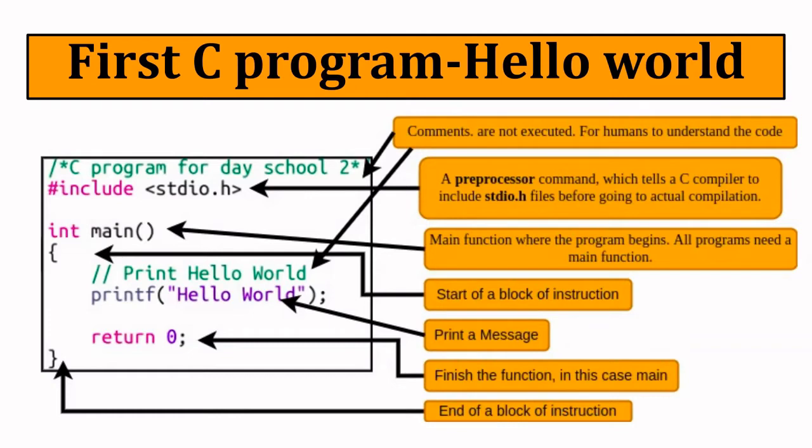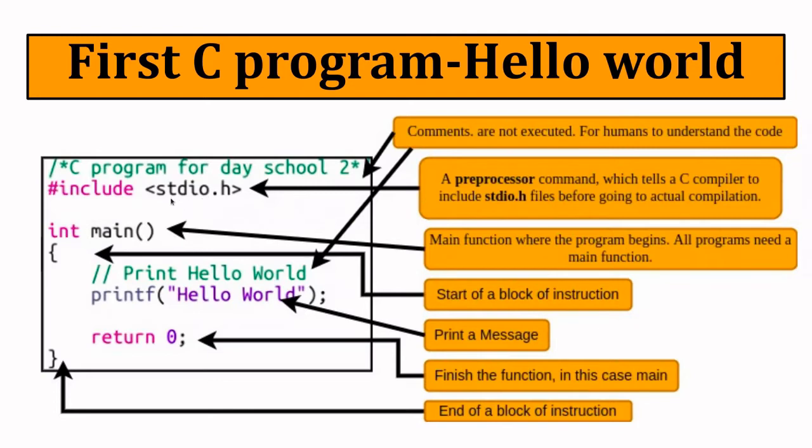These are all comments. This double slash means a one-line comment. This slash and star lets us write several lines of comments. You can end this comment with a star and slash sign. Comments are not executed; they are for humans to understand the code.